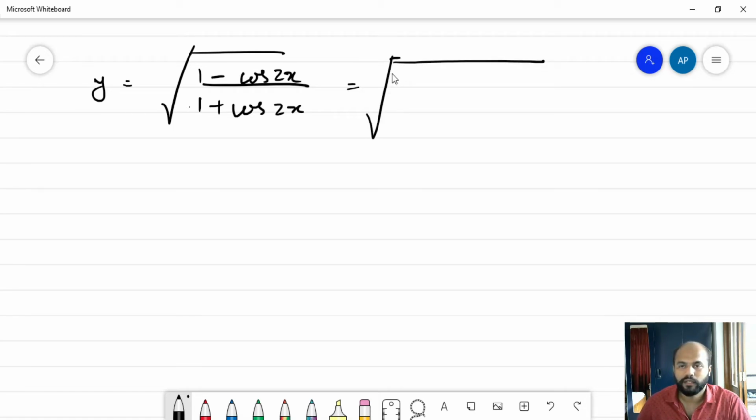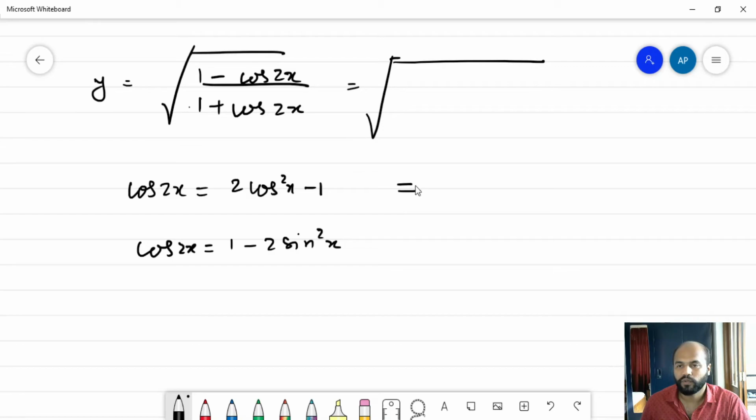How to simplify? We know that cos 2x we can write as 2 cos square x minus 1, or we can also write it as 1 minus 2 sin square x. Now accordingly, we can vary the formula. From this we get the formula that 1 plus cos 2x is going to be 2 cos square x.